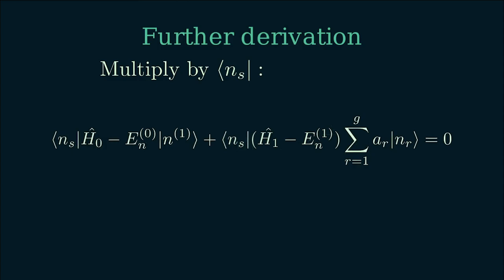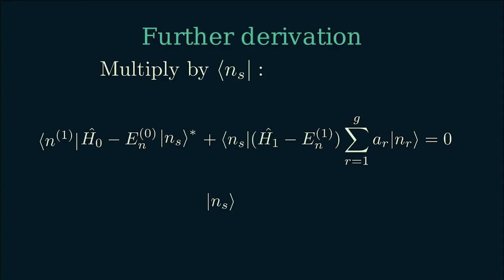Now let's try to simplify this. This first term drops off because it is just 0. To see that, we can switch the bras and kets like that. And remember, we can do that as long as we take the complex conjugate. And then we see that this part must be 0, because ns is an eigenstate of the unperturbed Hamiltonian H0.